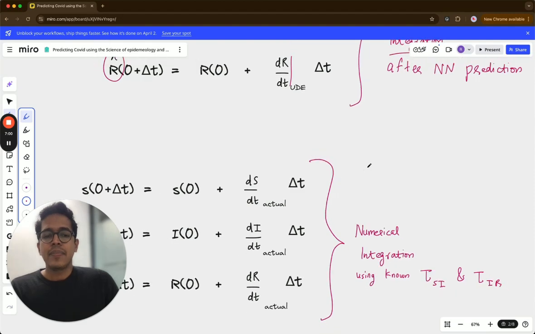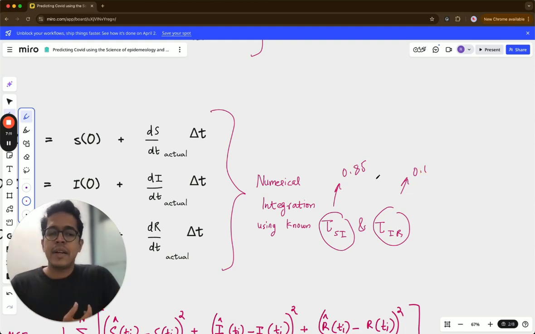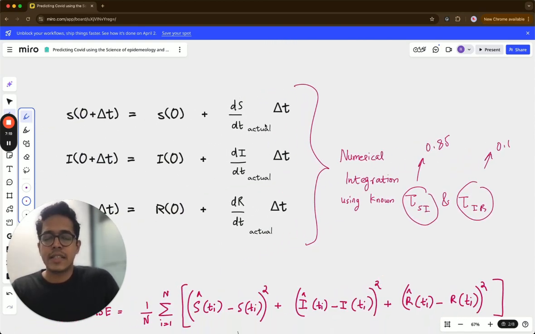Actual values are what you get if you assume that you know the tau SI and tau IR. So let's say this is 0.85 and this is, let's say, 0.1. Let's say you knew the interaction parameters tau SI and tau IR for a particular virus. Then you can plug those in here and numerically solve the system of differential equations.